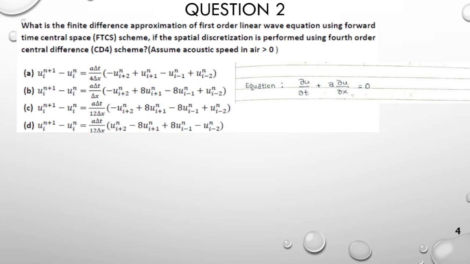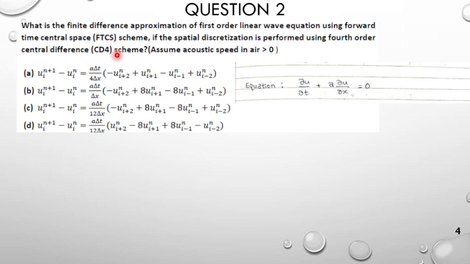For this, you need to do two things. For ∂u/∂t, you need to write down the indicial notation, that is the discretization. Then for ∂u/∂x, use the fourth order central difference scheme. If the chart is given to you in your examination, then it is well and good, you can just go through it and calculate the discretization.